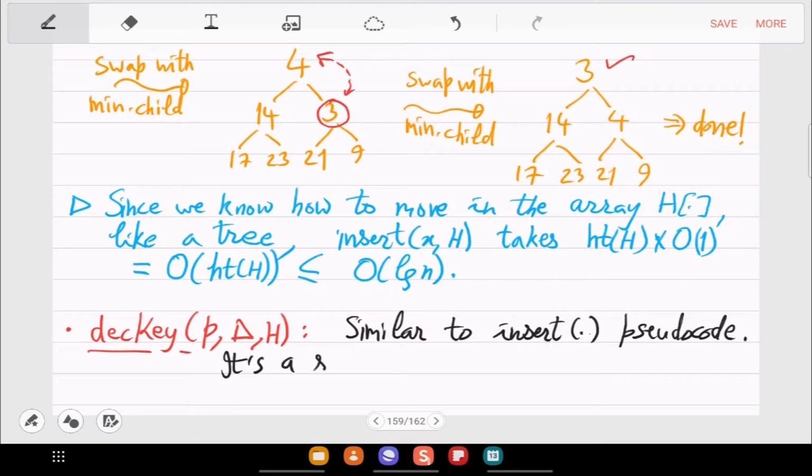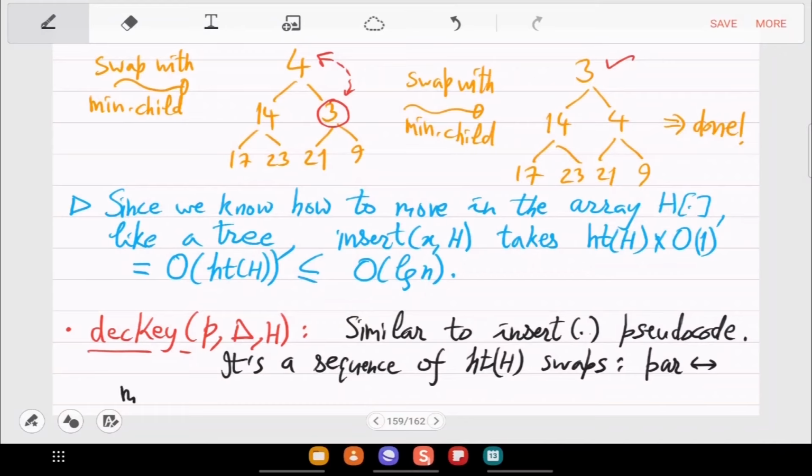So it's a sequence of swaps, parent to the min child. Okay, so you are just swapping, and these many times, each swap takes constant time. So this is also log n.